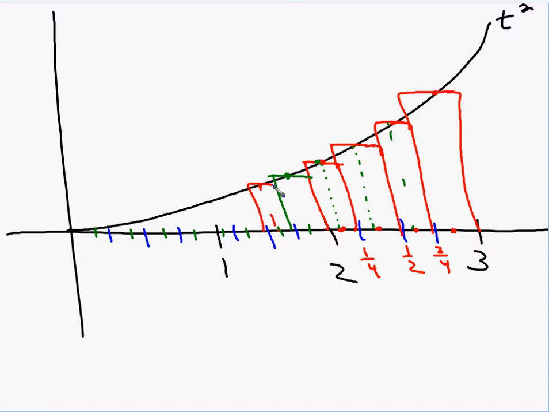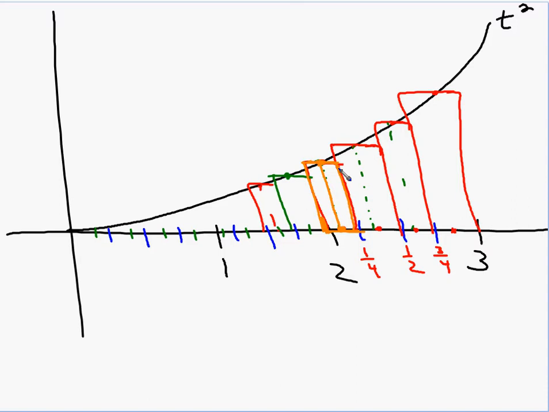Yeah, if I look at my midpoint, okay, let me get a different color here. Let's just take this midpoint right here. If I put in the function value, whatever that is, this would be, what, 2 1/8? I put it into the function, it's going to give me a value, and that's going to be the length of this rectangle. The width of the rectangle is going to be 1/4.